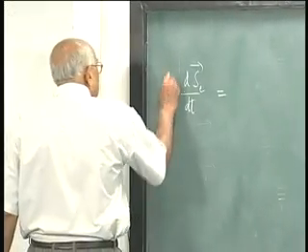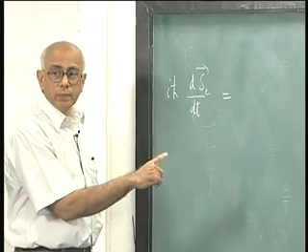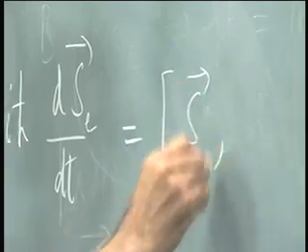How do I compute it? What equation of motion do I write? This is a Heisenberg equation of motion. I have no choice. So I have i h-bar dS over dt on this side is equal to the commutator of the spin operator with the Hamiltonian.